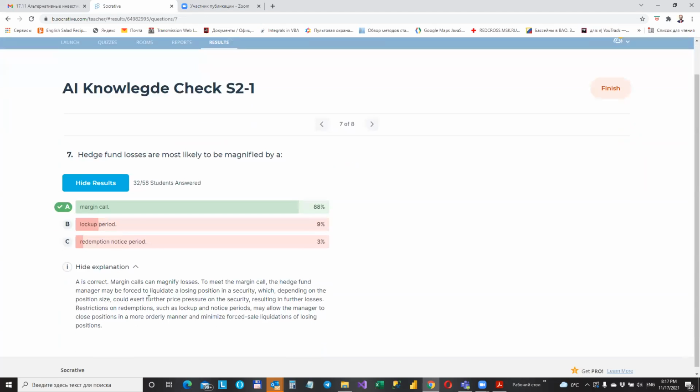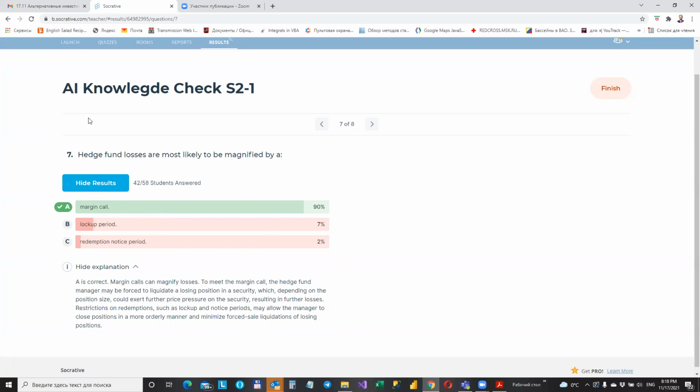Okay, yeah, the margin call. Margin calls magnify losses. Most of the traders and hedge funds use trading on margin, meaning that they put a small deposit as the assurance of their intention at the broker account, and when the position moves below some acceptable level established by the broker, the broker gives a margin call, meaning that the trader must somehow unwind its position, meaning that you should realize your losses, and it potentially leads to the need to close other positions.